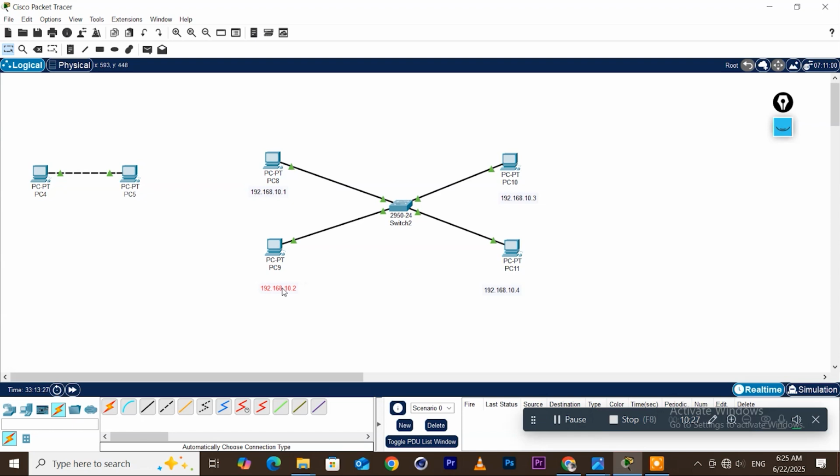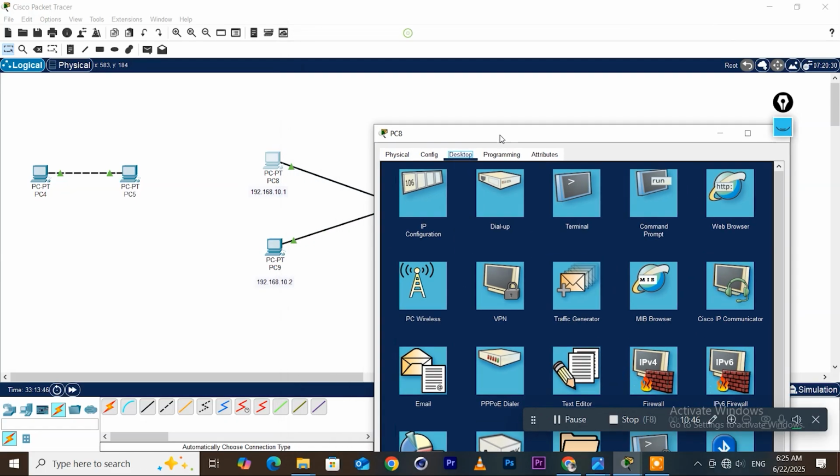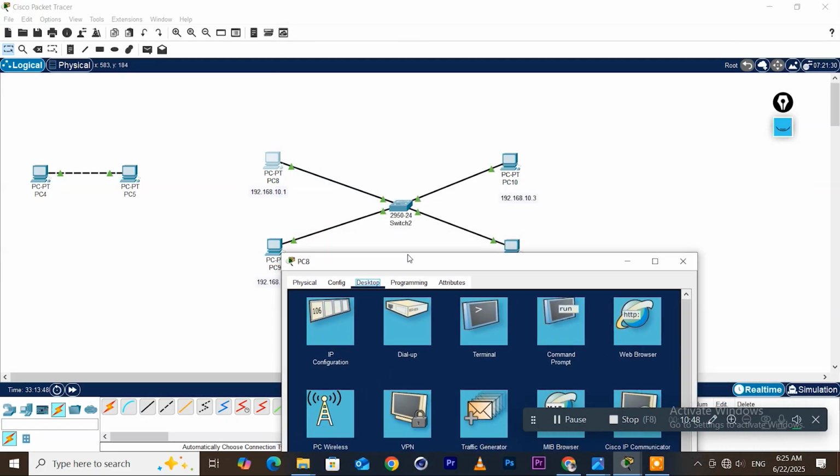So assuming that we have connected our computers in this manner and assigned these IPs, let's see if this PC can communicate with this particular PC. Assuming this one is PC1, let's see if PC1 can communicate with PC3.